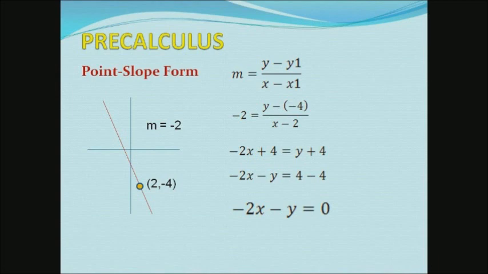This will be our standard equation as well as our general equation. Kasi yung constant natin ay 0 lang. Okay? So, negative 2x minus y equals 0 is the equation of our line given the point 2, negative 4, and the slope is negative 2. So, we arrive at this equation using the point slope form.